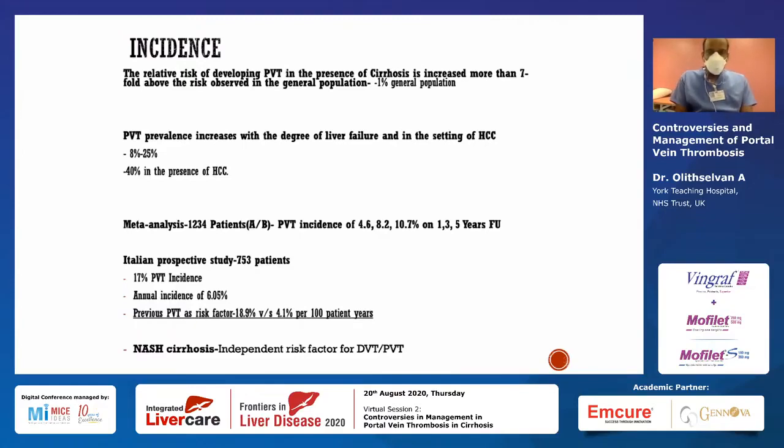In an Italian prospective study, involving only Caucasian patients, the annual incidence was about 6% and the spot incidence about 17%. What this also showed, interestingly, is that previous portal vein thrombosis is one of the biggest risk factors for formation of portal vein thrombosis.